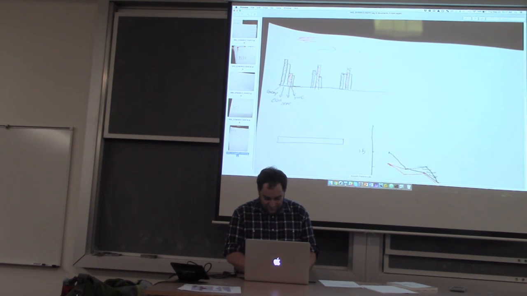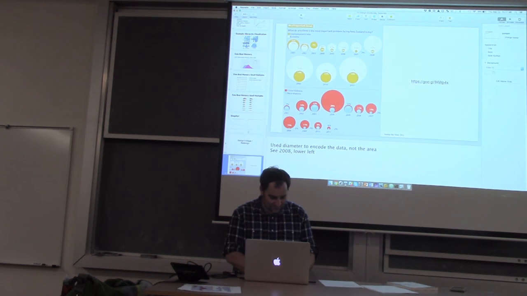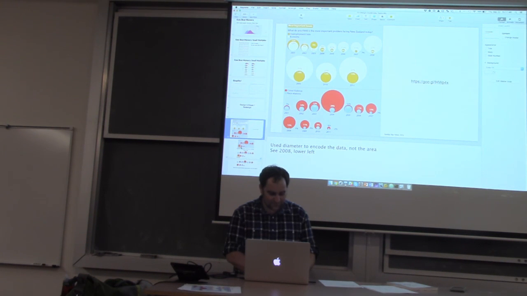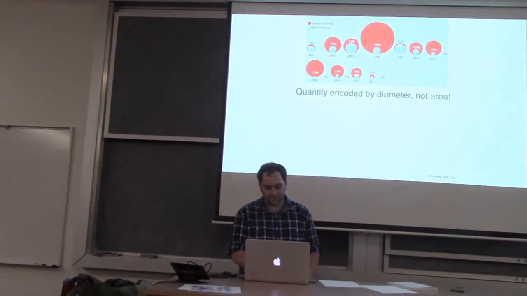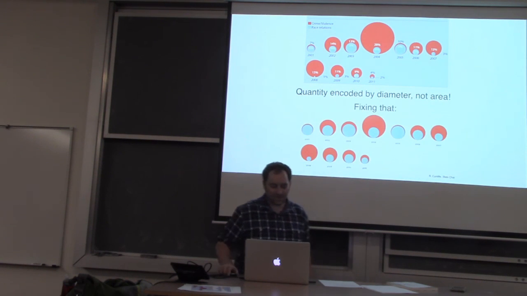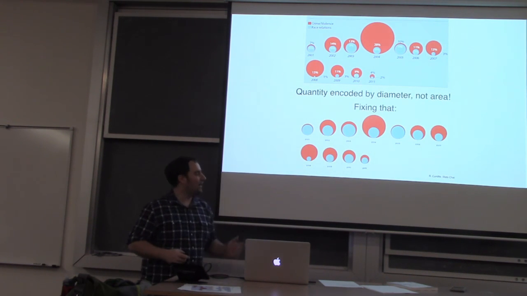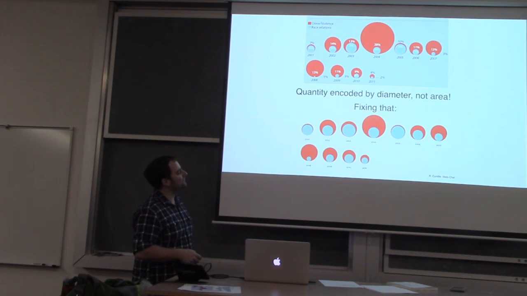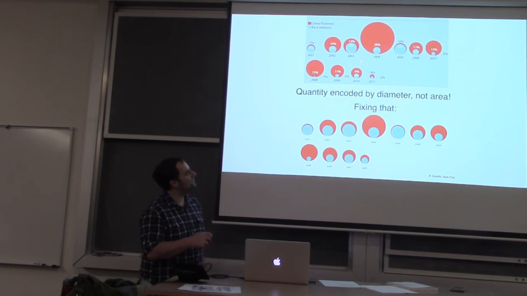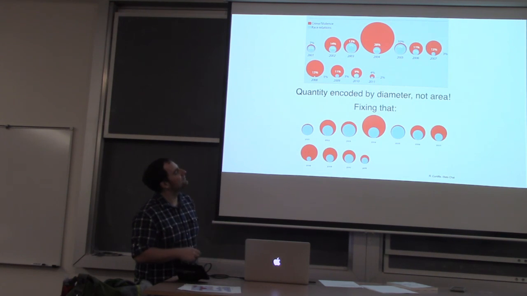So let's look at this. Somebody else has done a formal redesign of this. The obvious mistake is simply encoding by diameter, not by area. And if we encode it instead by area, we see that this looks quite different, especially this here.